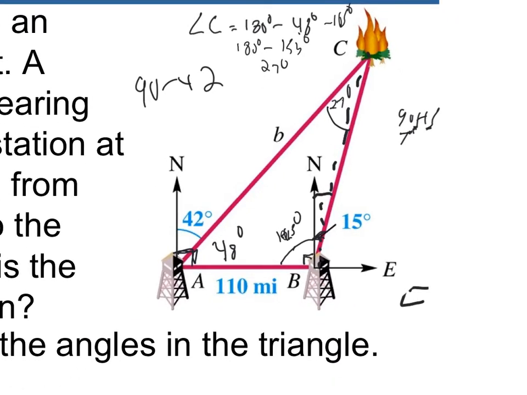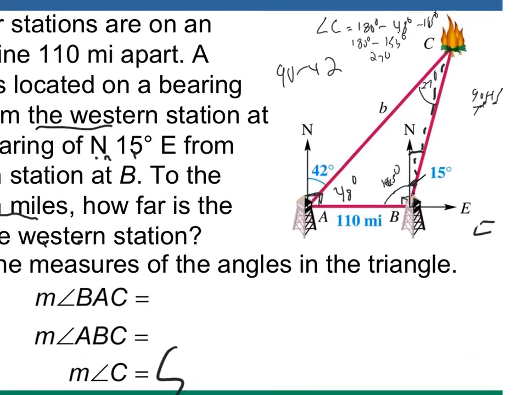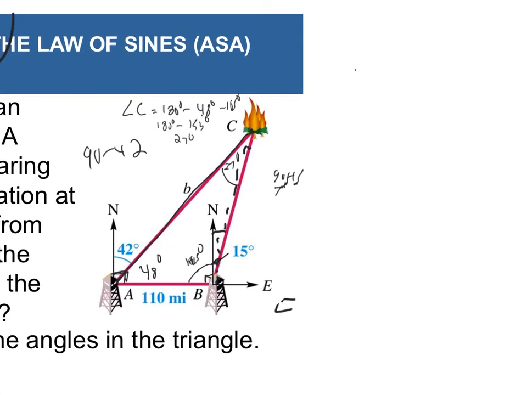So I have everything I need. What was the question? How far is this fire from the western station? He's asking for side B. So I'm going to have sine of B over B, so is there a pair that I have?